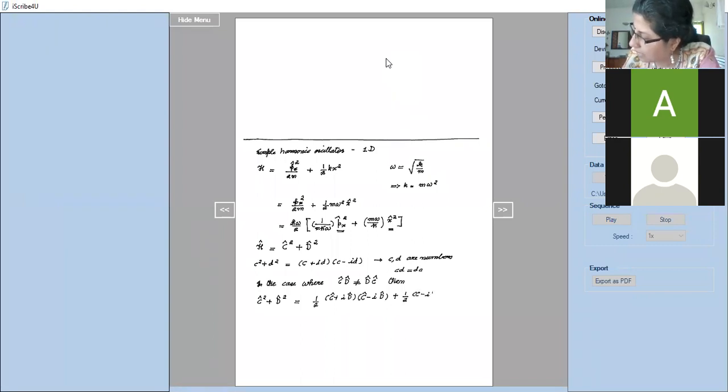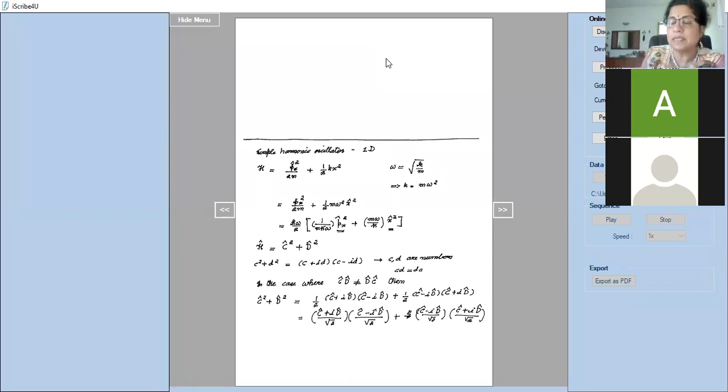And thereby you would have c plus id by root 2, this operator, into c minus id by root 2, plus c minus id by root 2 into c plus id by root 2.